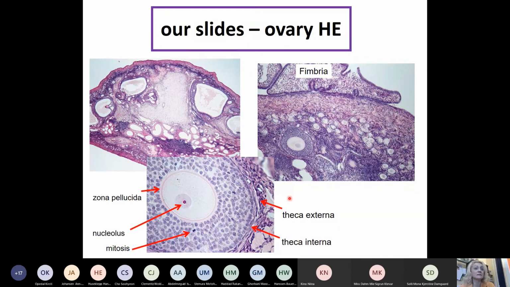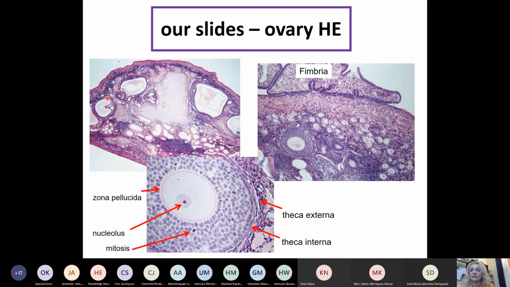You will discuss in class the details and how many different stages you can find, but actually you can find all the stages that we discussed here. You can see primary, secondary, then tertiary follicles, bigger and smaller, with the zona pellucida, with the granulosa and the theca cells.